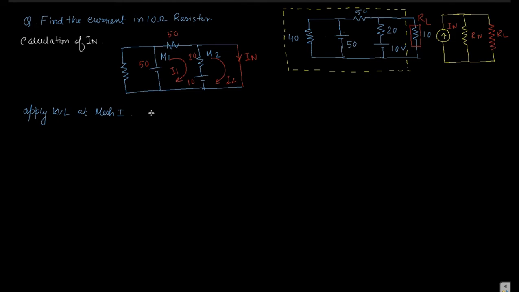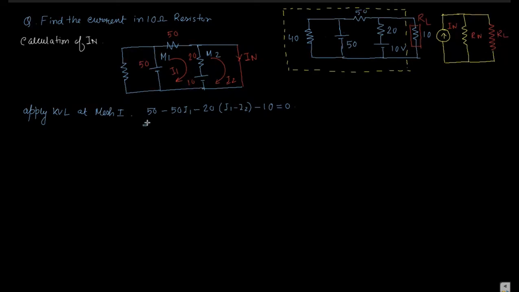So 50 is, this is the clockwise, so here it is negative to positive. So 50 is positive, minus 50 into I1 minus 20 into (I1 minus I2) minus 10 is equal to 0. Is there any confusion?